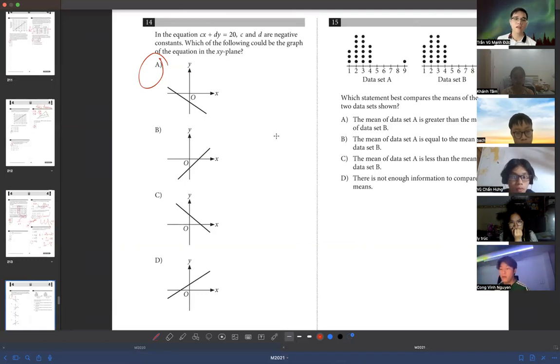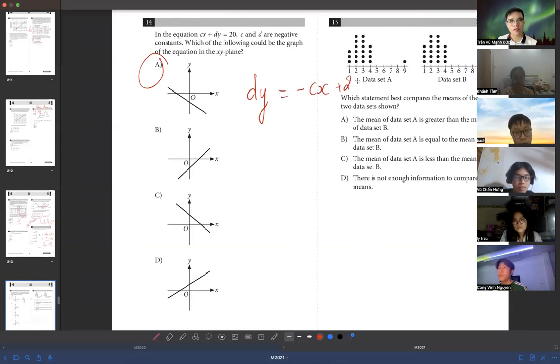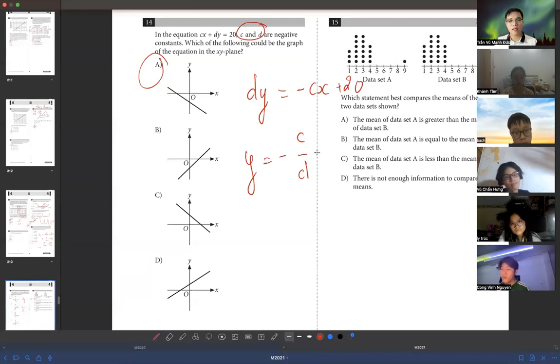Oh, all right. Okay, I get what you mean. But first, we're going to move this to the right side of the equation so that it can be easier to calculate. dy equals minus cx plus 20. And they say that c and d are negative. So if I divide this by d, it will become minus c over d x plus 20 over d.